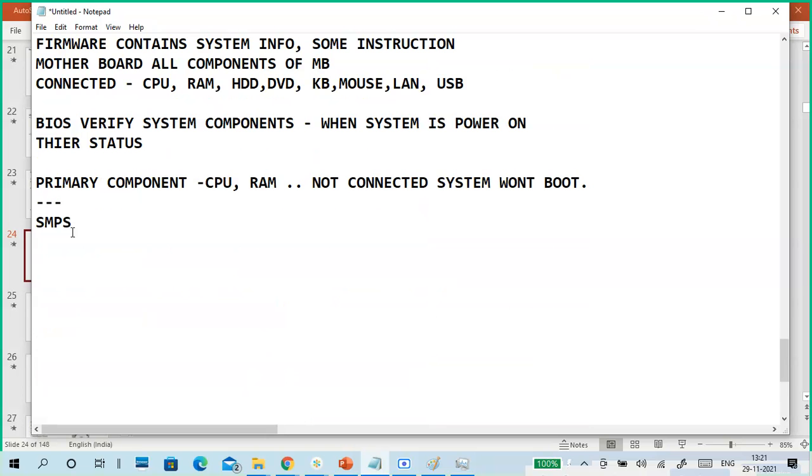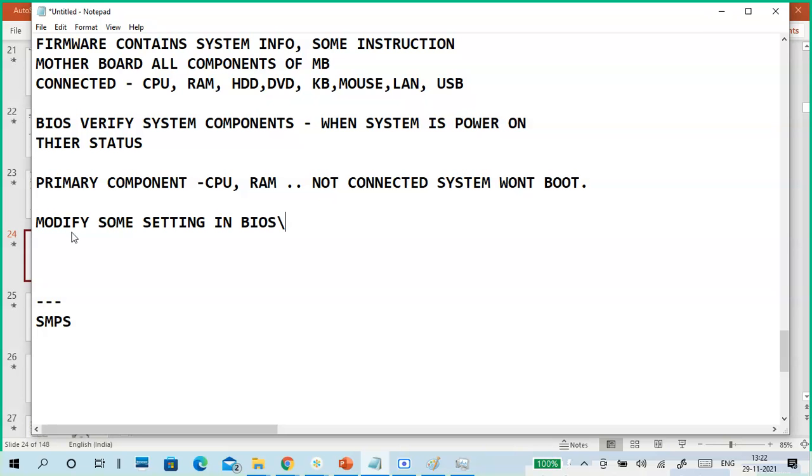When you are saying BIOS, this BIOS, we can also modify some settings in BIOS. When you say BIOS, it is also UEFI.